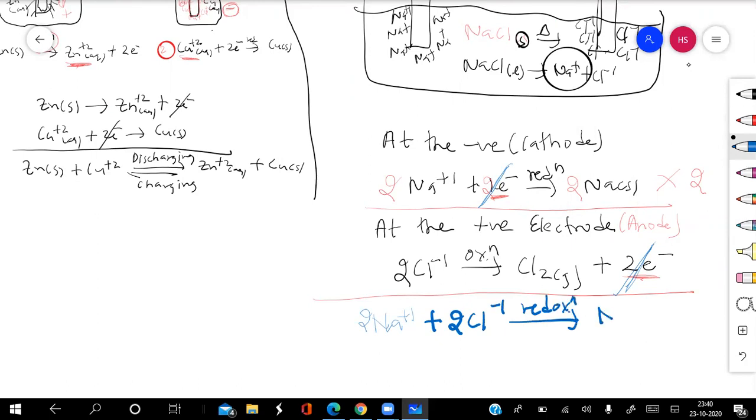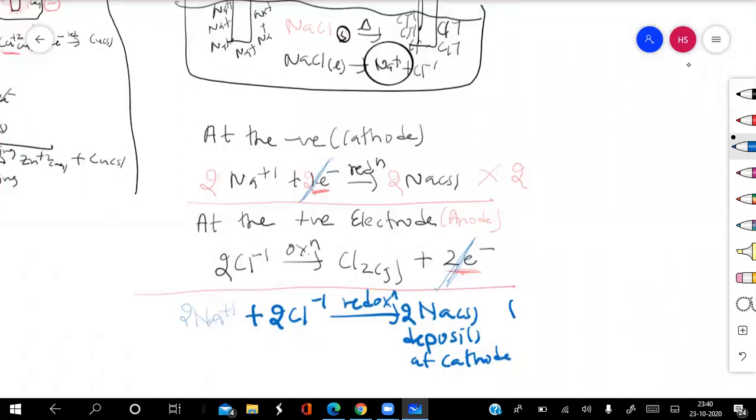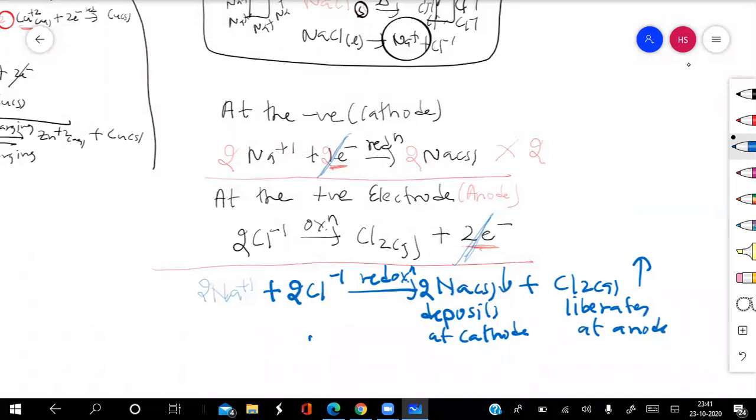We get pure sodium: 2 moles of pure solid sodium, which deposits at the cathode, and simultaneously we get liberation of chlorine gas. This will be deposited, and this will be liberated at the anode.